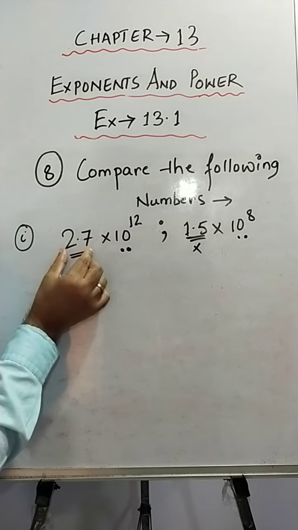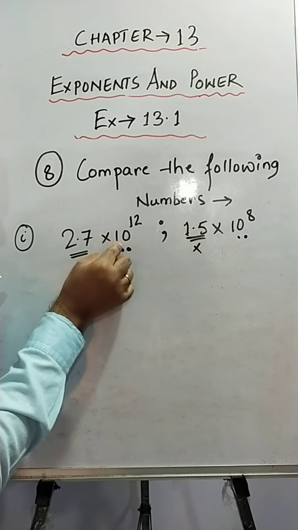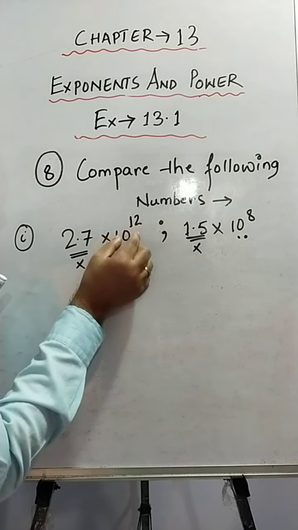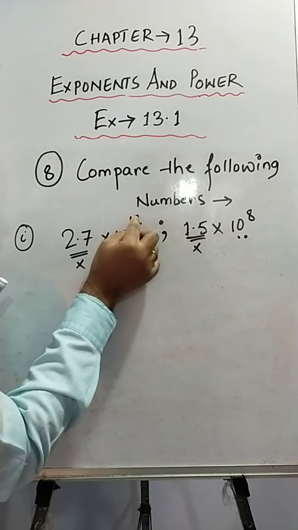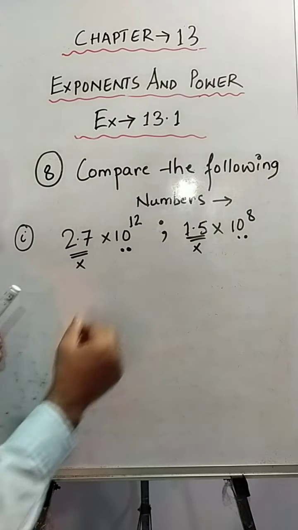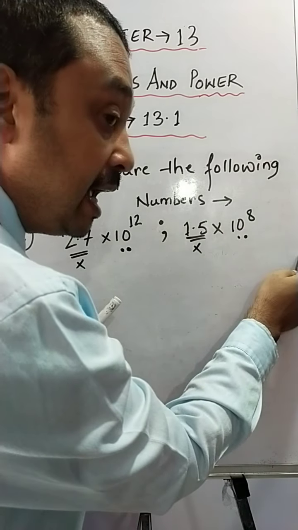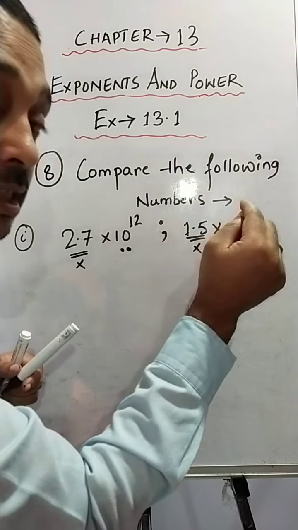That means 10 is carrying 12 as an exponential value, so 2.7 will carry 12 zeros. And this 1.5 will carry how many zeros? Only 8 zeros.